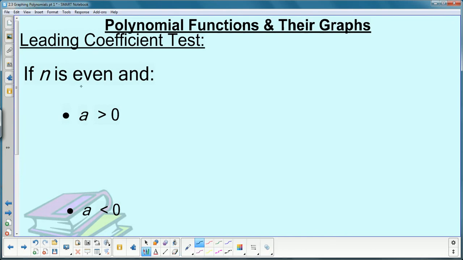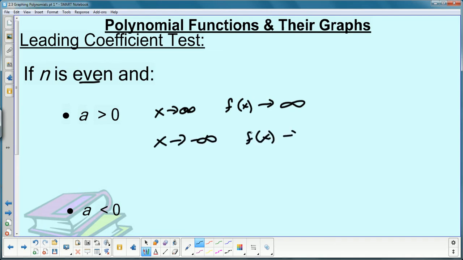Second part is if we say our degree is even and our leading coefficient is positive. Then as x goes to positive infinity, f of x is also going to go to positive infinity. And because it's even, as x goes to negative infinity, f of x is still going to go to positive infinity.